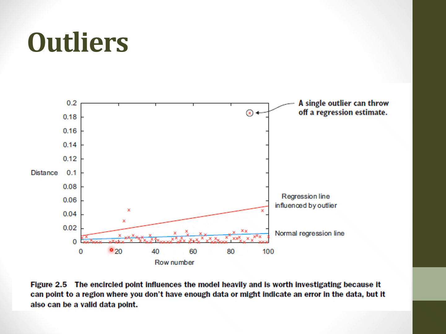The range of these values is 0 to 100 in X and 0 to maybe 0.5 in Y. But here at a distance, you can see a value which is encircled, and it does not fall within this region. Such a value is what we call an outlier.